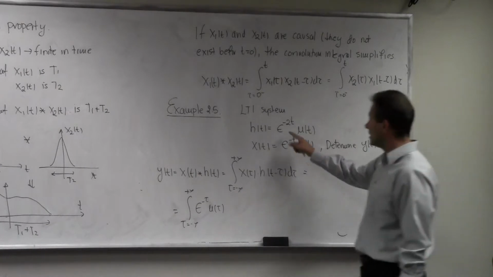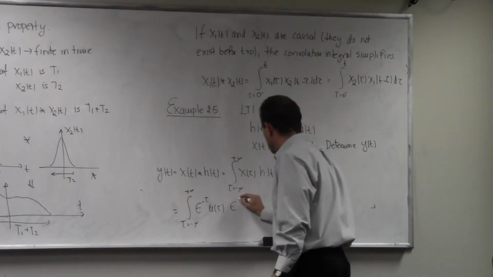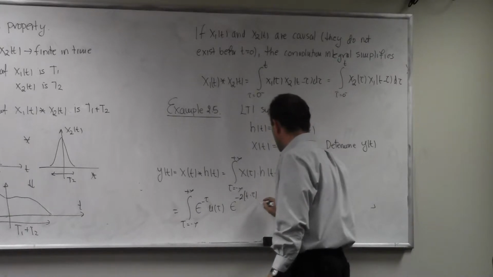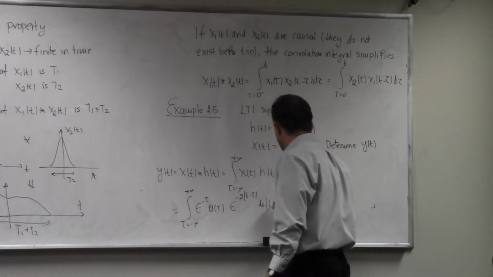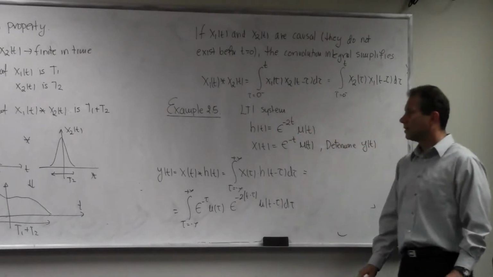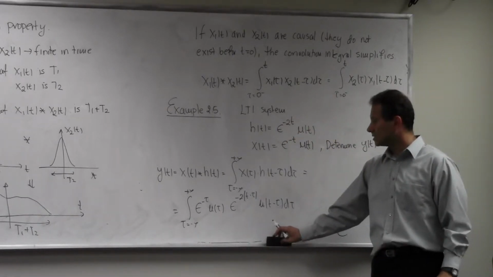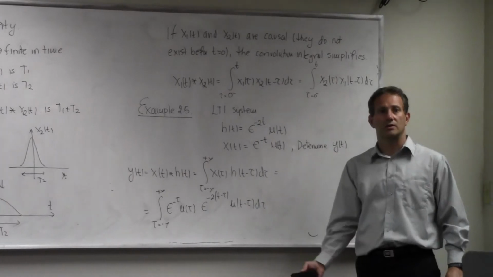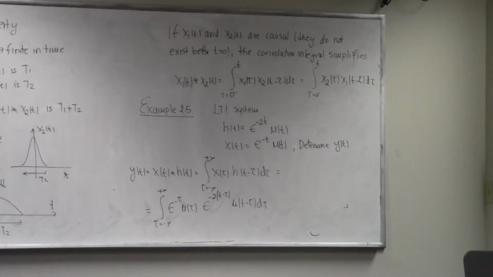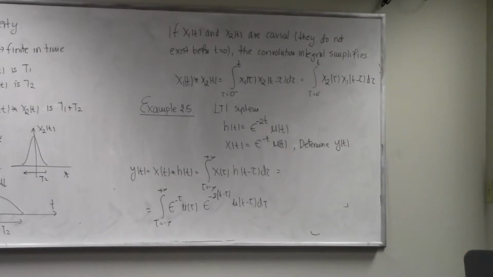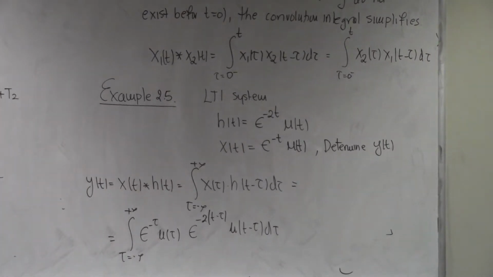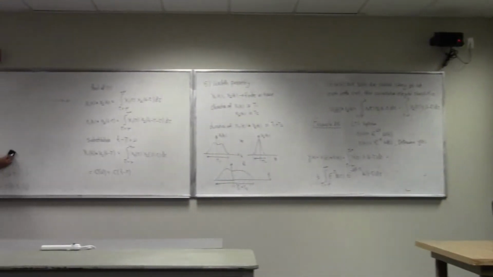Now, h of t minus tau is e to the minus 2 times t minus tau, u of t minus tau, d tau. Okay? So far, we haven't been doing anything really smart. We're just making sure that we don't make mistakes in the substitution. So let's now look at the integrand and fix our borders over which we need to integrate.